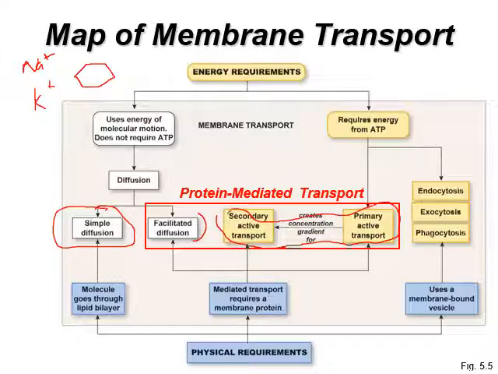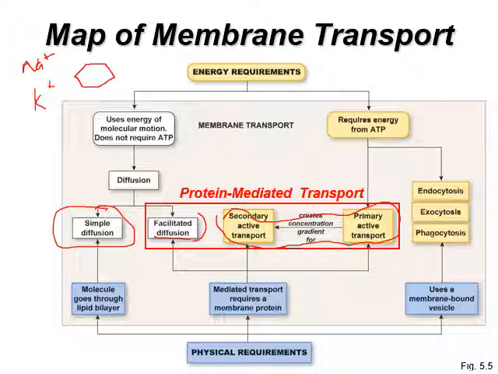We're going to look at the difference between these, but first we'll take a look at what's called facilitated diffusion. And just look at the word first: we've got diffusion. Whenever you see diffusion, it means a solute is moving from an area of high concentration to an area of low concentration. When you see diffusion, you need to think high to low. In that case, where is the energy coming from?